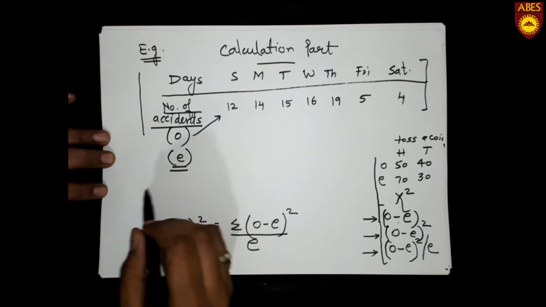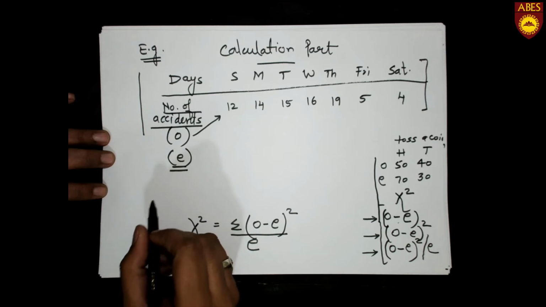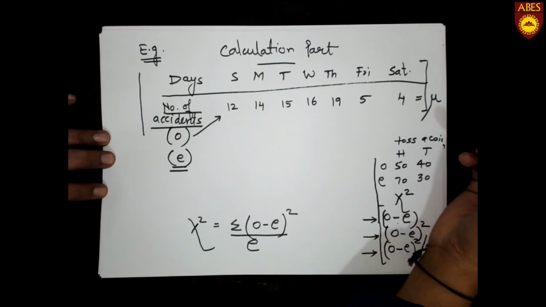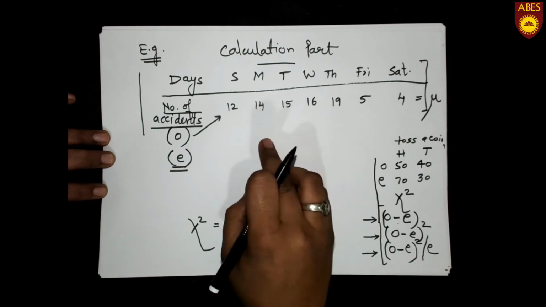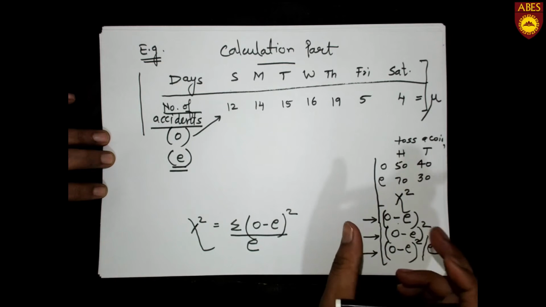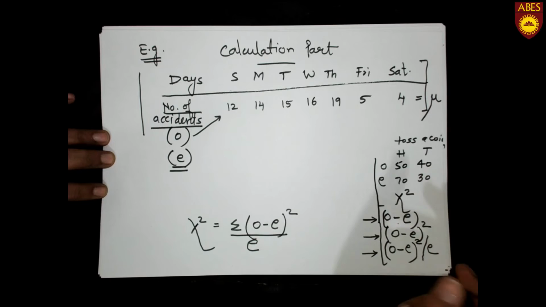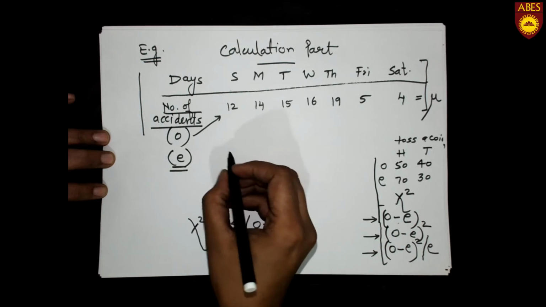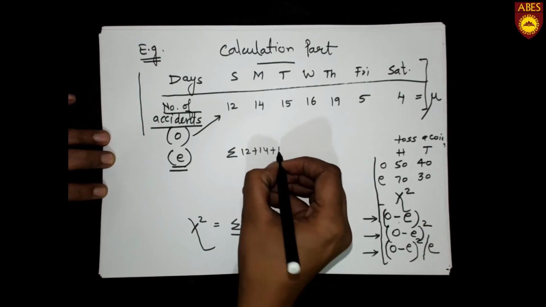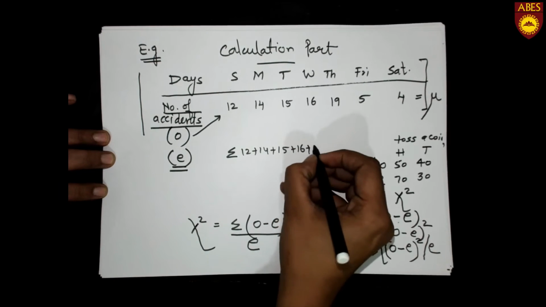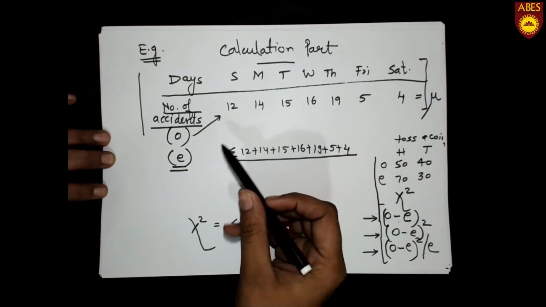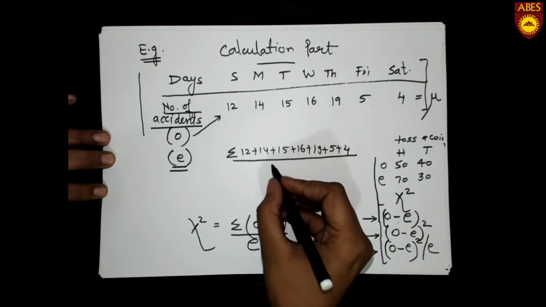As we do not have any idea about the E value, I will first find its mean value. Why am I taking the mean? Because for the expected value, I should know my final average value per day for the accidents. So my E value will be the summation of 12 plus 14 plus 15 plus 16, 19, 5 and 4, and the denominator will be the total number of days I am working upon.